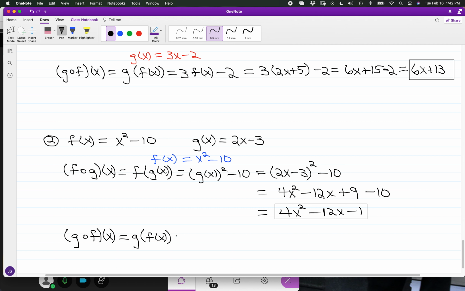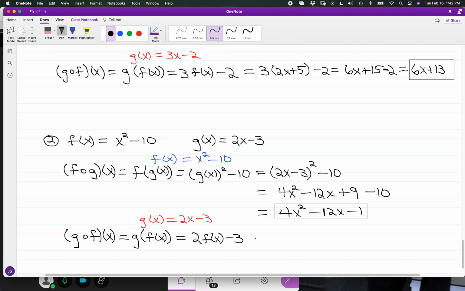And again, g of the input is equal to 2 times the input minus 3. And now the input we have at f of x, so you have 2 times f of x minus 3.